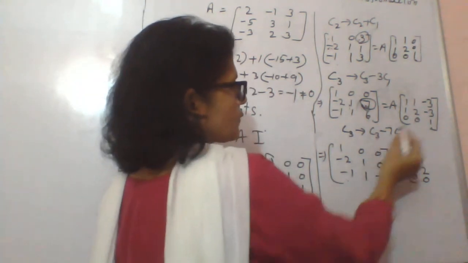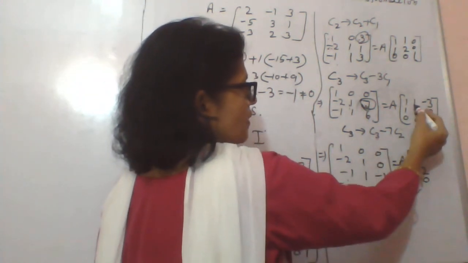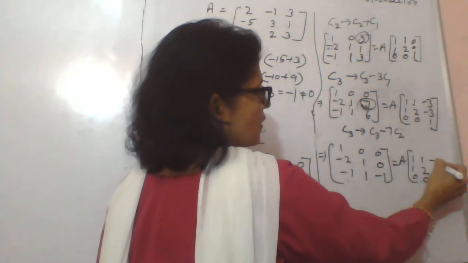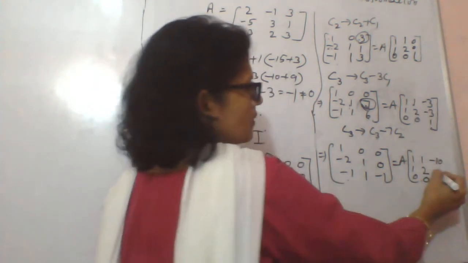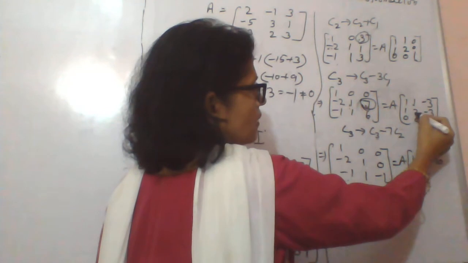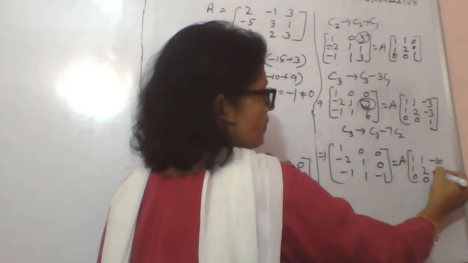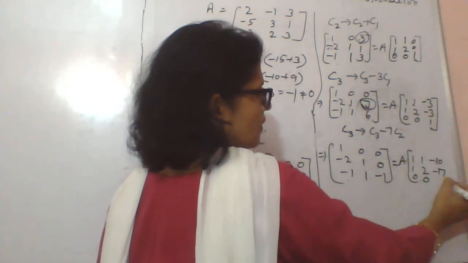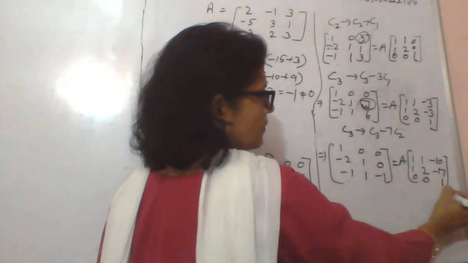Now come to C3: minus 3 minus 7 into this, we are getting minus 10 here. Then here you are getting minus 3 minus 7 into this, means minus 17. Then here you are getting 1.